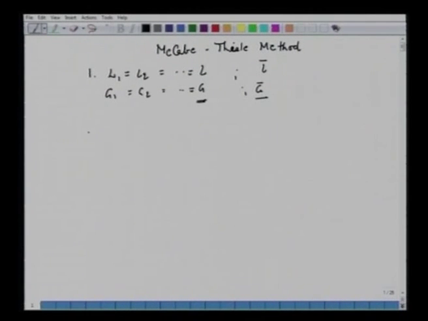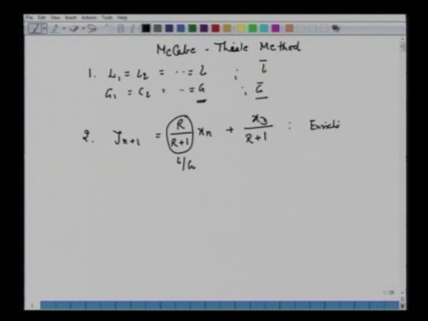We had the operating line equation y(n+1) equals R over R plus 1 times xn plus xD over R plus 1, where R is the reflux ratio. We did say that R over R plus 1 can be shown to be L over G. So this is the operating line equation of the enriching section.